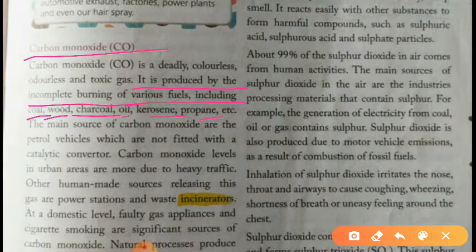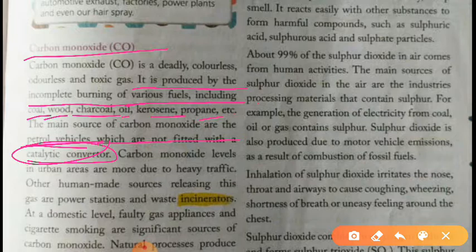So how is this carbon monoxide formed? It is formed by the incomplete combustion of fossil fuel, or of wood, coal, charcoal and petroleum. Now the main source from where this carbon monoxide comes is petrol vehicles, which are not fitted with a catalytic converter.